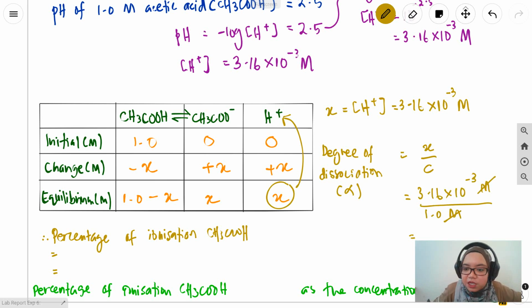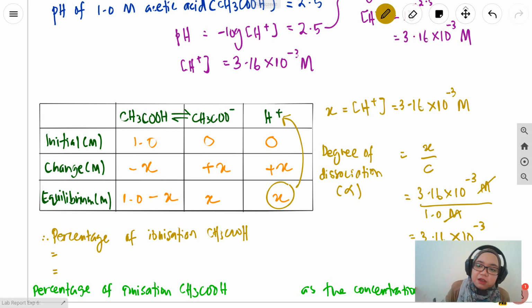So cancel the unit, and we will get 3.16 times 10 to the power of negative 3. No unit anymore. So this is the degree of dissociation alpha.